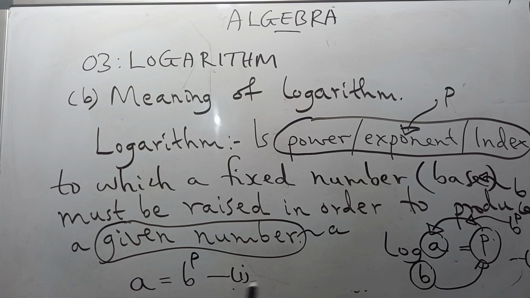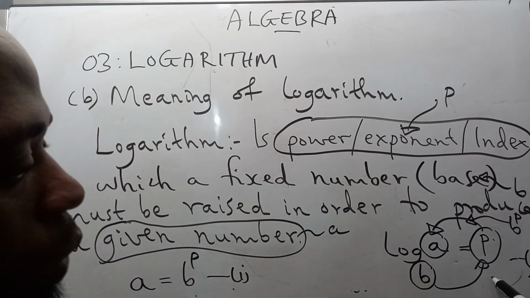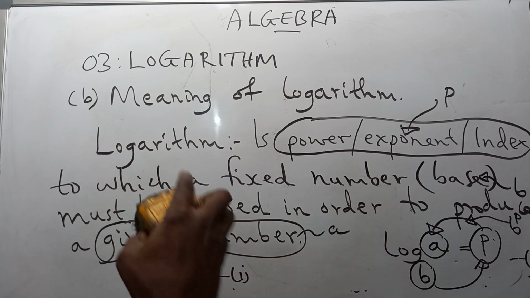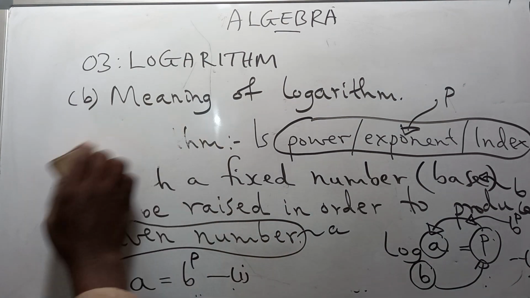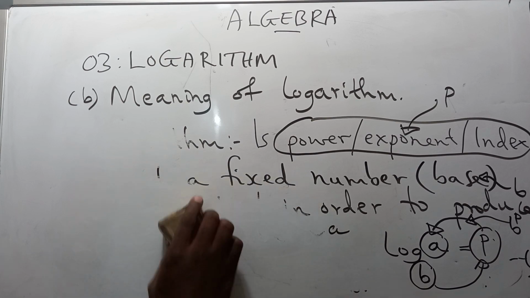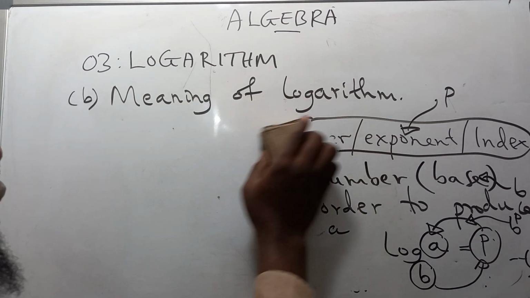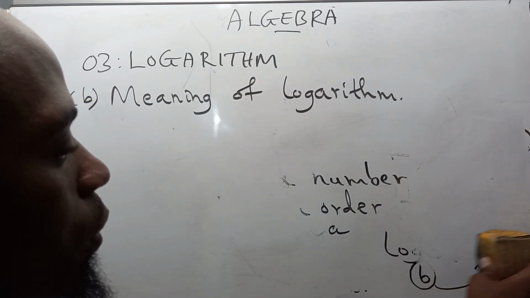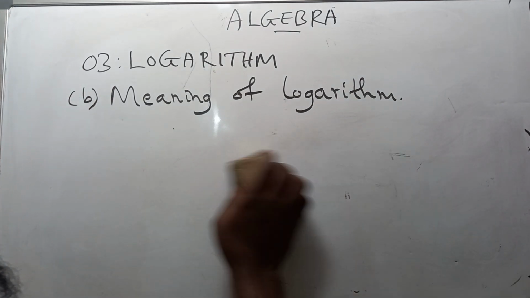Equation 1 is exponent and equation 2 is logarithm. Logarithm is opposed to exponent and exponent is opposed to logarithm.